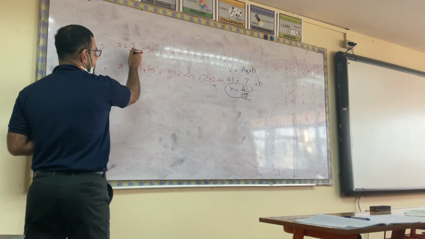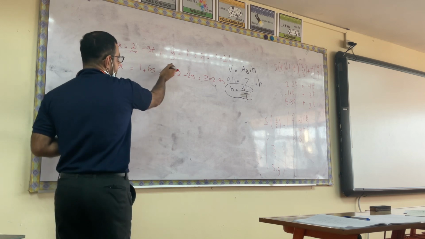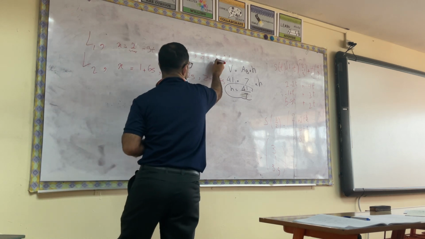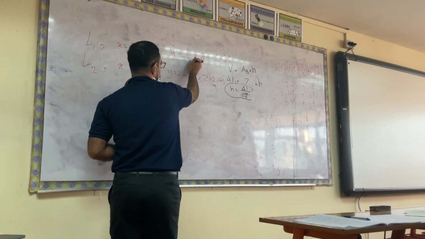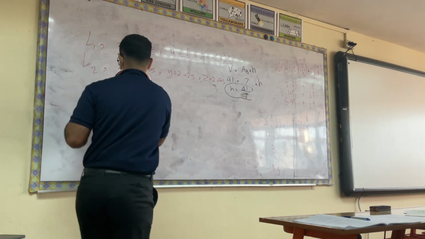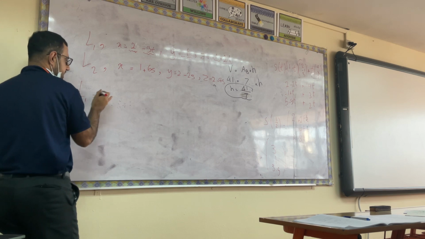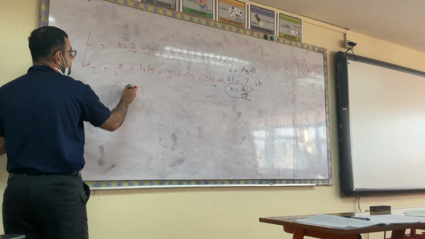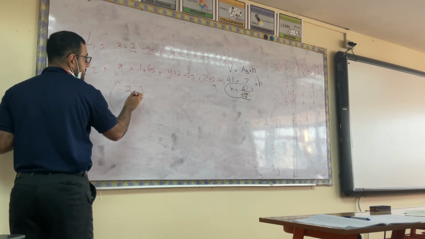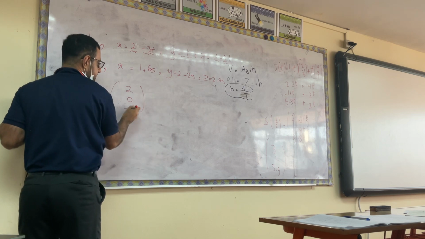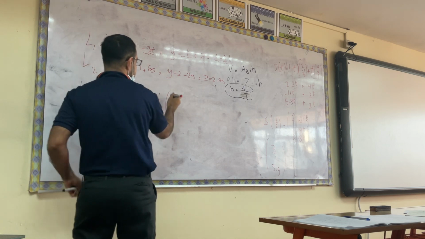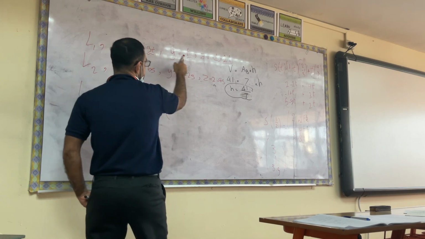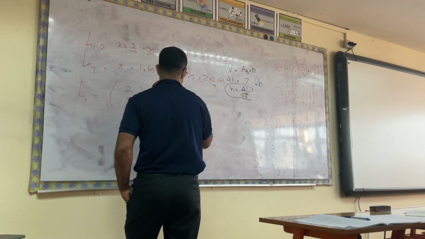I take x and all of them here and put them together, and the other part is the direction vector. So line 1 is going to equal (2, 0, -1) plus t times (-3, 1, 1, 2).